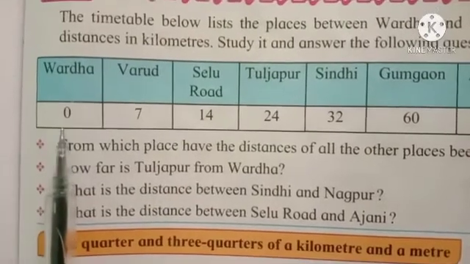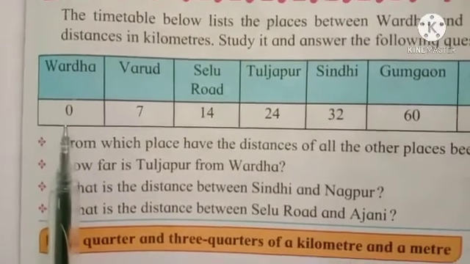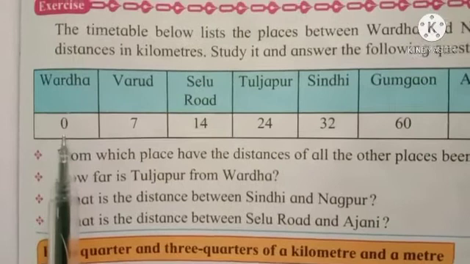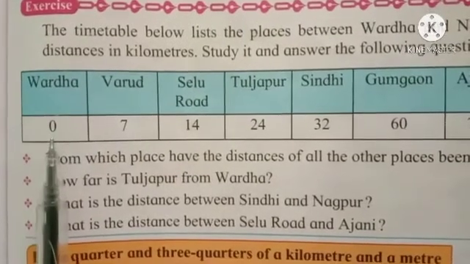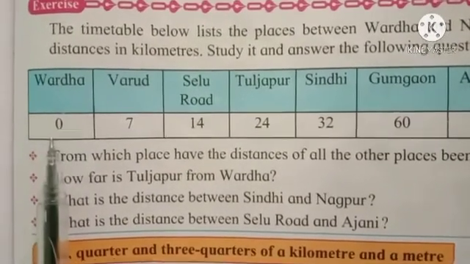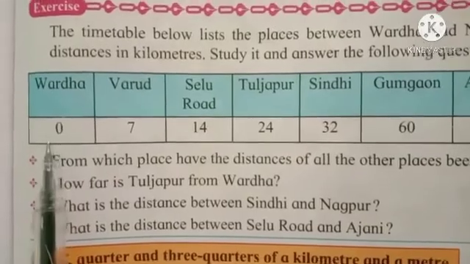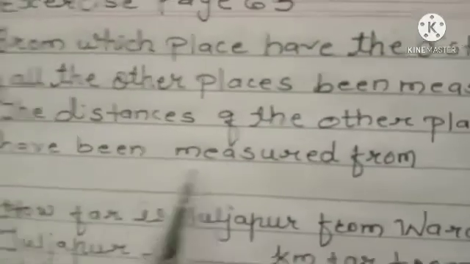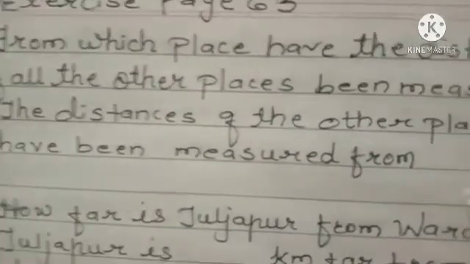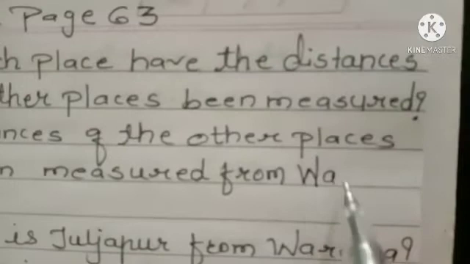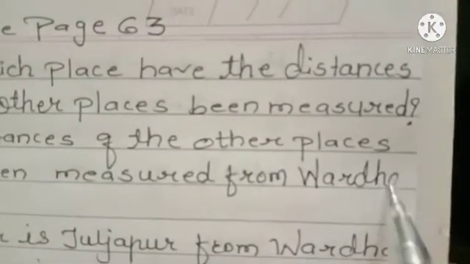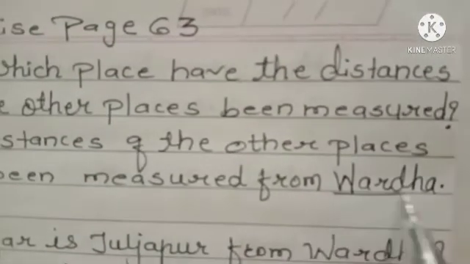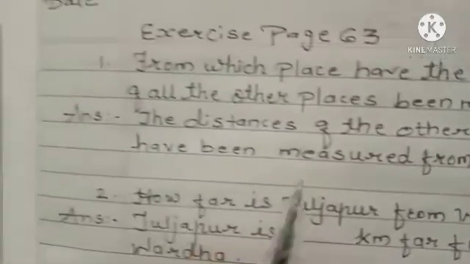We will start from Wardha, and it is at 0 kilometers. So our answer is: the distances of the other places have been measured from Wardha. So write down this answer like this.